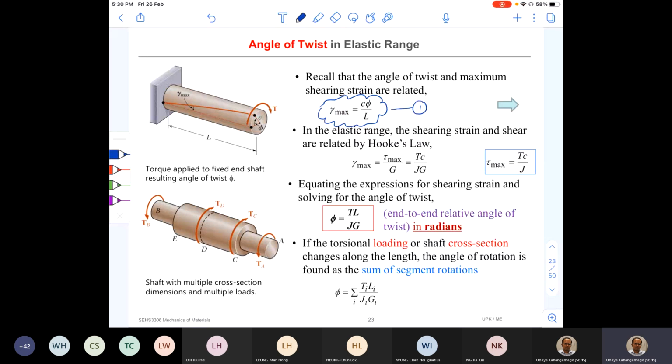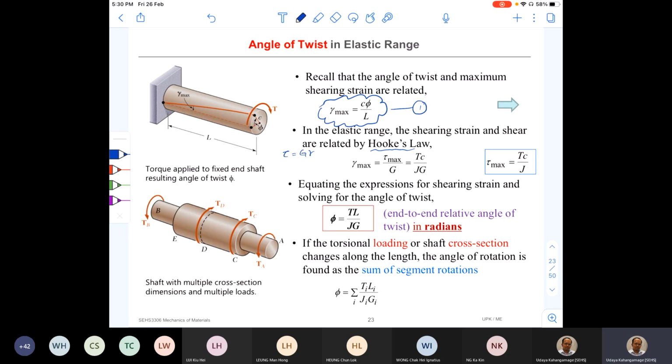Right. And then from Hooke's law, which we used previously in the elastic region, we know that shear stress is equal to G times shear strain, gamma.